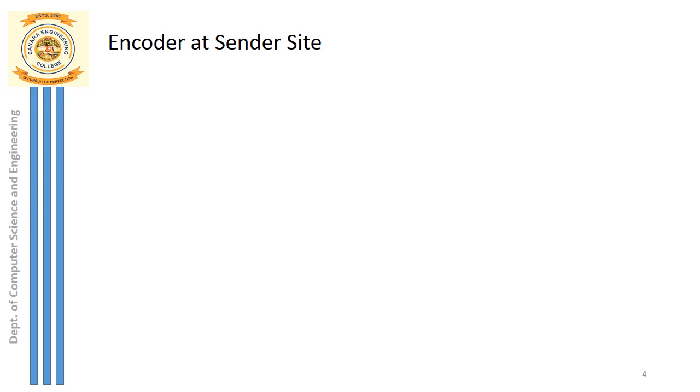Now we will see how exactly the encoder works at the sender side with an example. We consider the data word as 1001, which has 4 bits, and we consider divisor 1011, which also has 4 bits. Now we need to perform the division operation between the data word and the divisor.